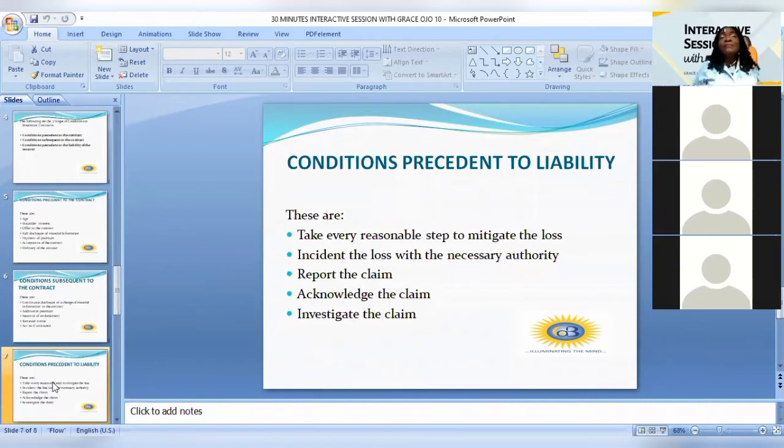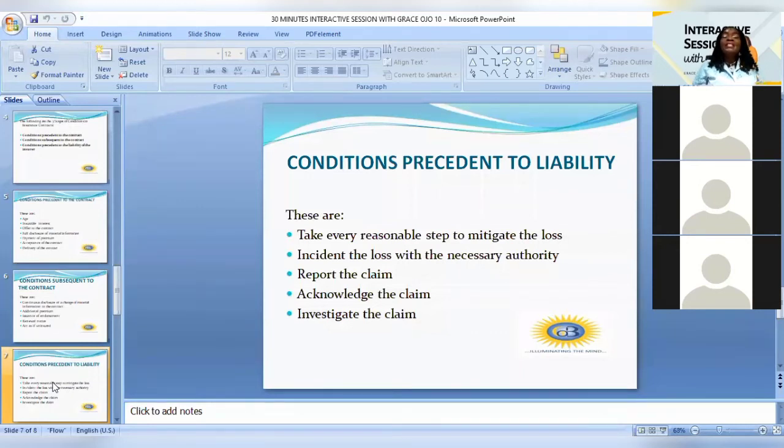We call them reasonable steps because in risk management it is protection of life and property, not property and life. Let's say, for example, the building is on fire. You will not say, because you want to mitigate the loss, that you lose your life in the course of it. That is why we call it a reasonable step. You want to safeguard the property, but you don't lose your life in the course of it.